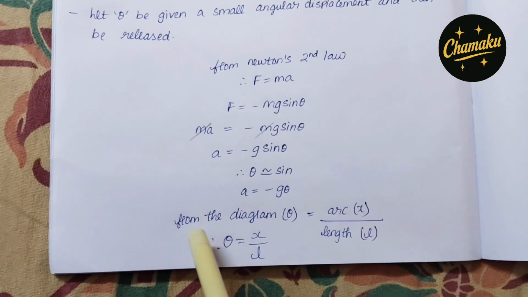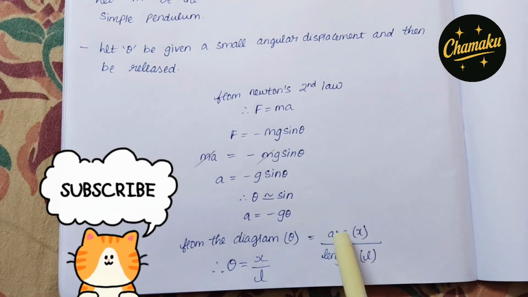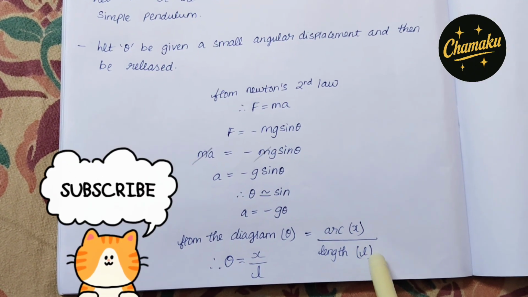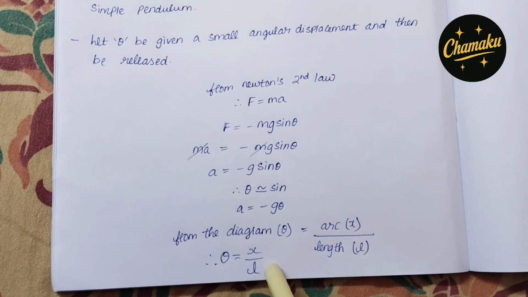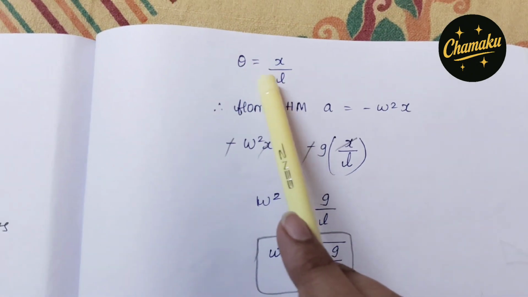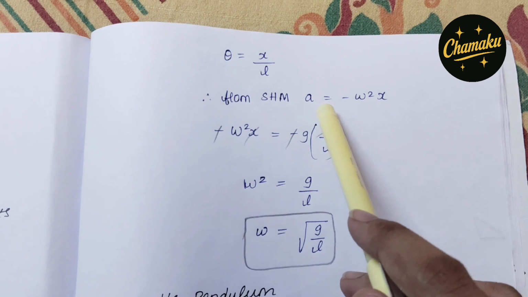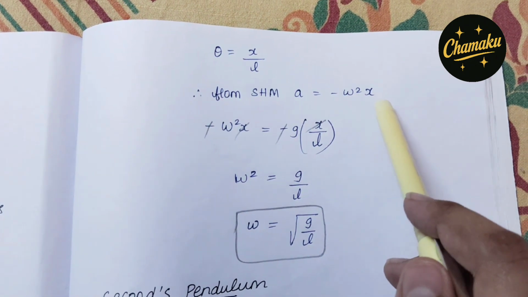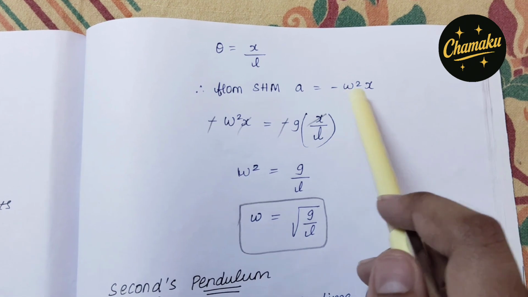Okay, from the diagram, theta is equal to arc x by length L. So therefore theta is equal to x by L. From SHM, a is equal to minus omega square x. From simple harmonic motion, a is equal to minus omega square x.